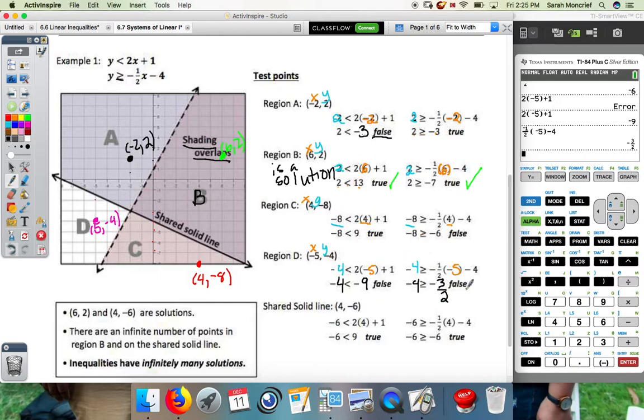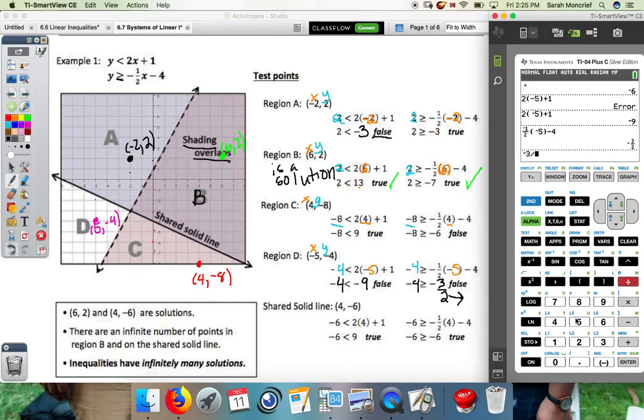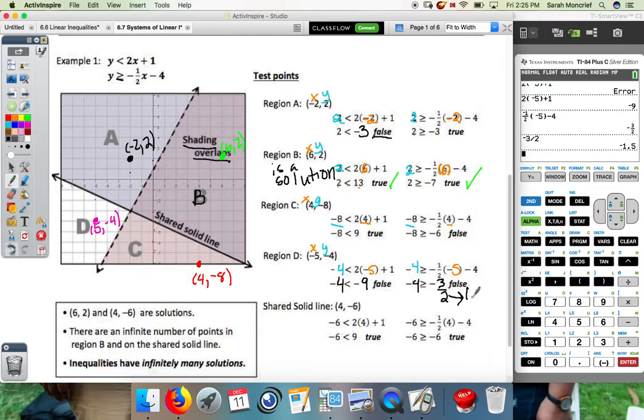Now, it might be hard to tell that with that being a fraction, so one way we can do is change that to a decimal by just doing negative 3 divided by 2. And that is negative 1.5. So is negative 4 greater than or equal to negative 1.5? No, it's not.